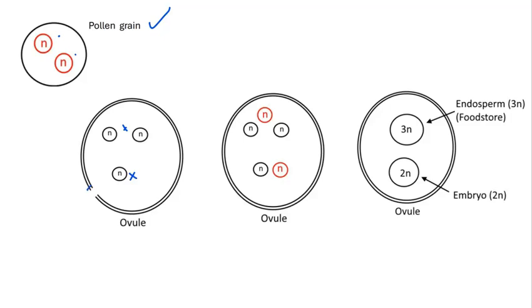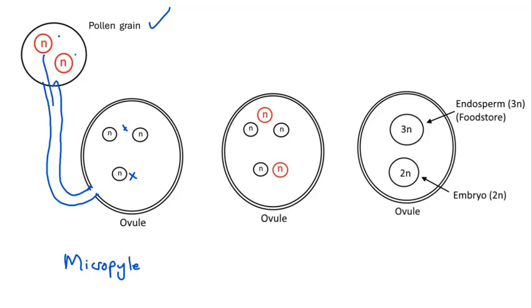There's the hole in the ovule structure, which is the micropyle, and the pollen tube will grow down and locate the micropyle like so. And then these nuclei are going to move down through the pollen tube and then come into the ovule itself.